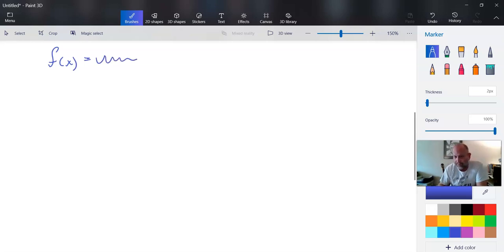I'm not going to put an expression in there, because you'd focus too much on the expression. And you'll be given a closed interval from A to B, where A and B will be numbers, or it could be given to you this way. Either way, you're going to be given an interval.